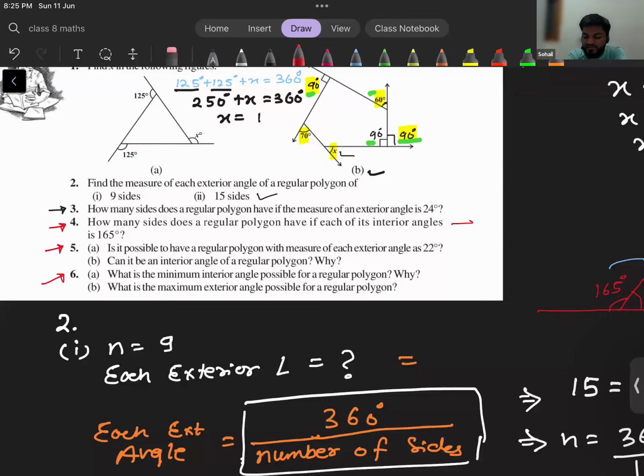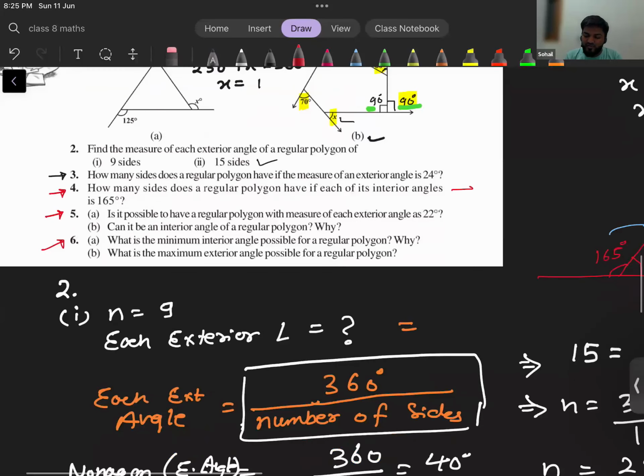And the second part of the question is, what is the maximum exterior angle possible for a regular polygon? 125 degrees? No. I actually assumed that value to show you guys that it is not possible to have a value greater than 120 degrees for an exterior angle.